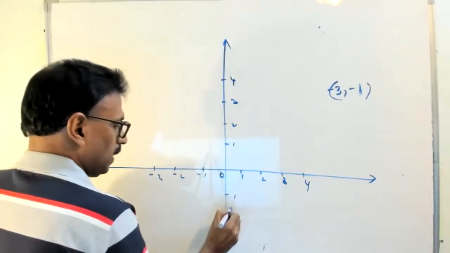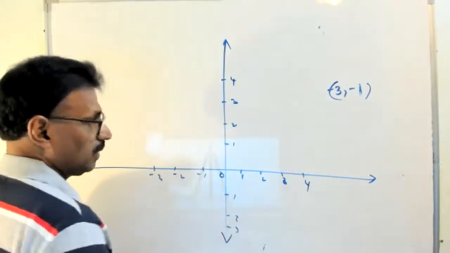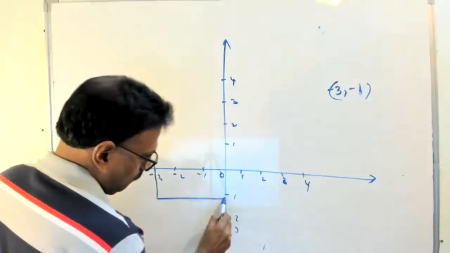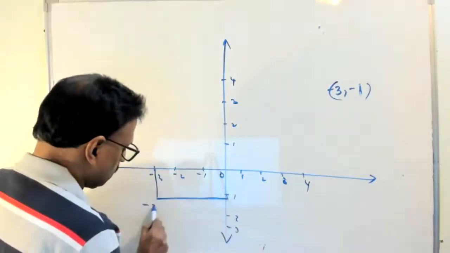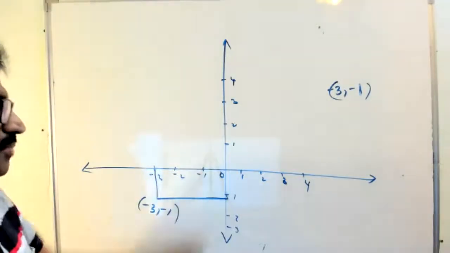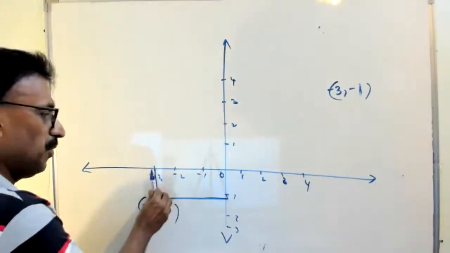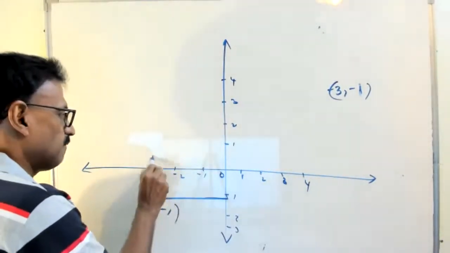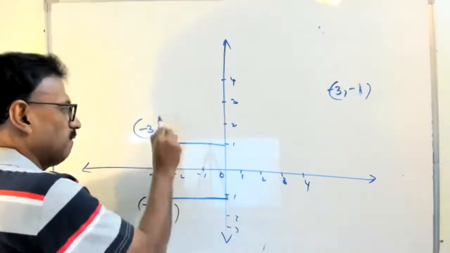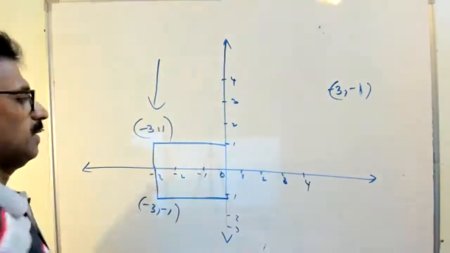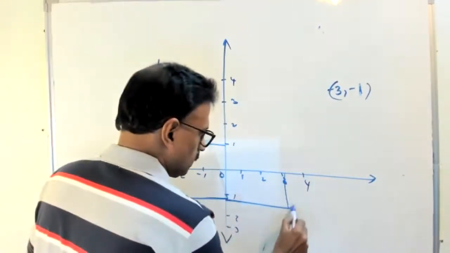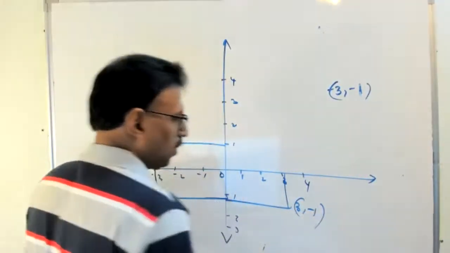Okay, -1, -2, -3, 1. Look, this is the point, -3, -1. The mirror image with respect to the x-axis: here 1 unit, here also 1 unit. That means this one, -3, 1. This is the first point. Second point comes here, 3 units here. That is -3.